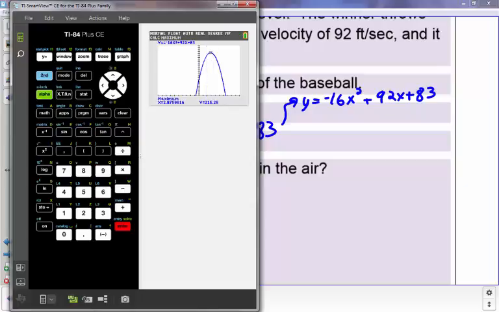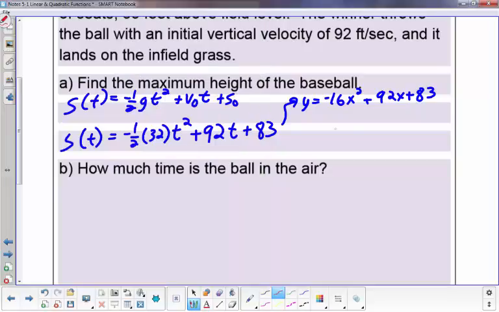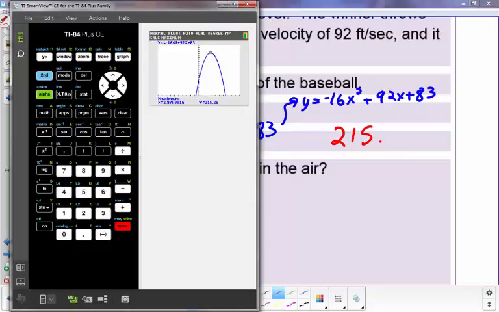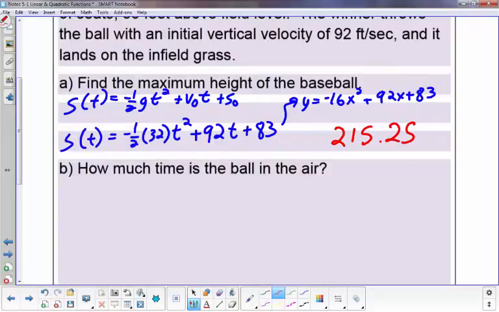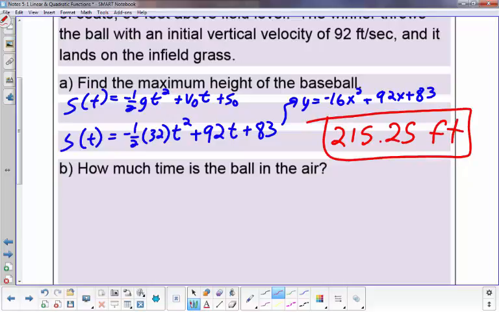And you'll see that my maximum height is 215 feet, sorry, 215 and 0.25 feet. All right, so at this point, we found our maximum height.